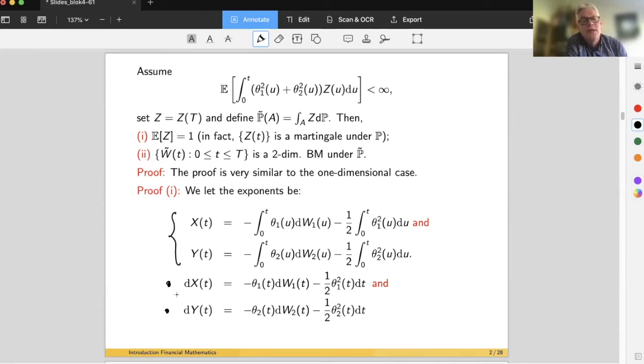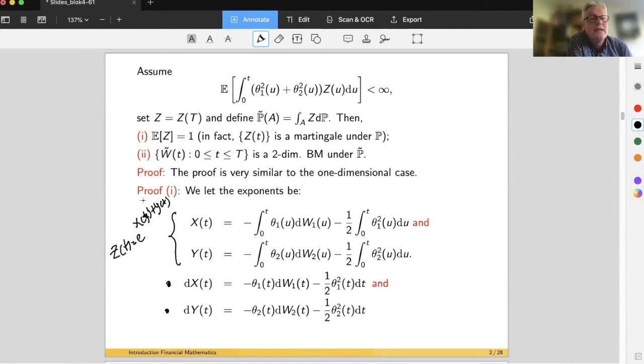These are the two that we use in our Ito-Doeblin formula. And you can think of this, right? Zt is e to the power Xt plus Yt, right?